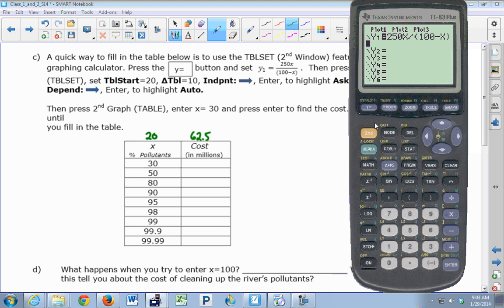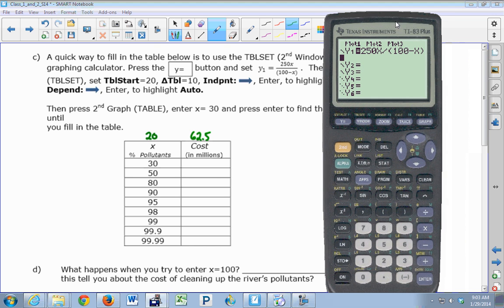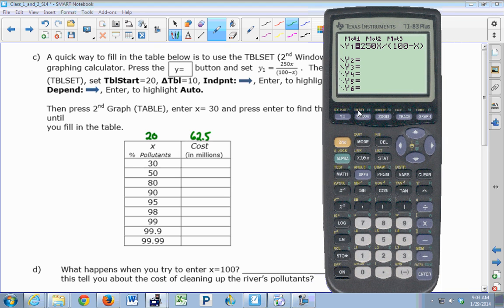So the next thing the instructions say to do is press second, yellow table set. Table set's right here above the window, because you're going to tell your calculator how many pollutants you want to actually remove. You're going to tell it where to start and what the increment is. So you hit second, and it's really second window, but it's table set above it.